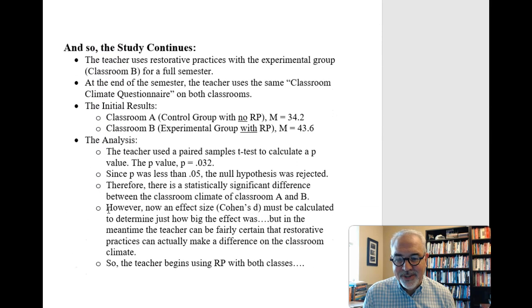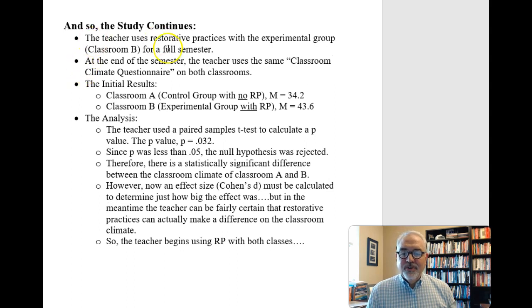The study continues. The teacher uses restorative practices with the experimental group, remember that's Classroom B, for a full semester. At the end of the semester, the teacher uses the same classroom climate questionnaire on both classrooms. This time, Classroom A, the control group that had no restorative practices, had an average of 34.2.